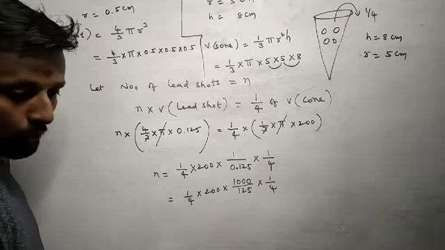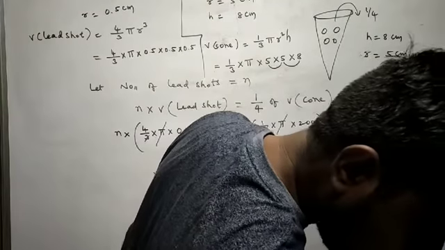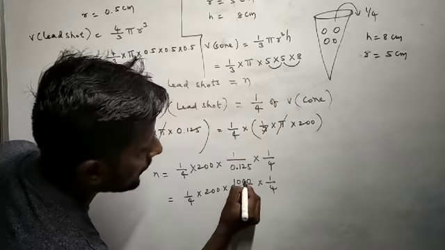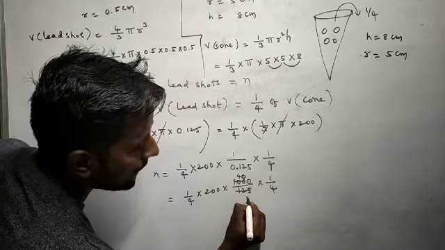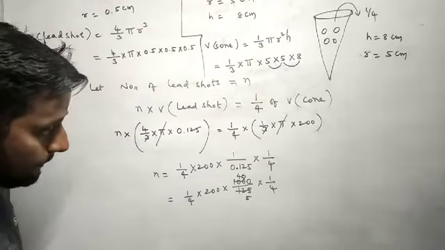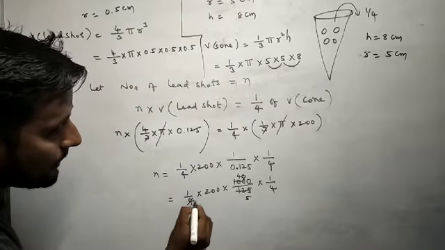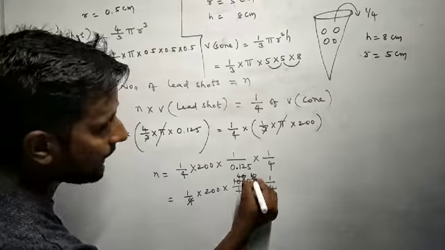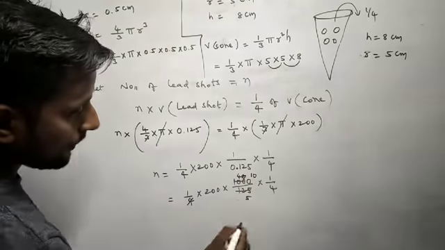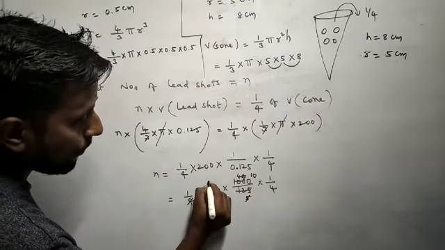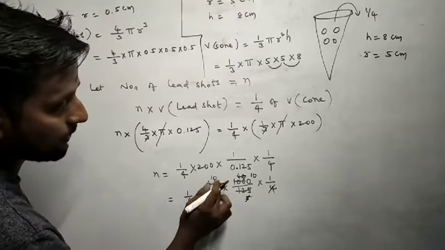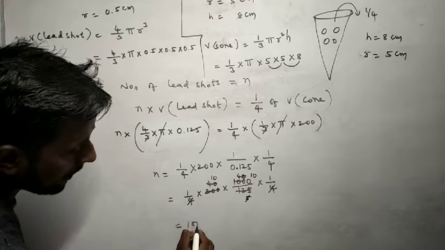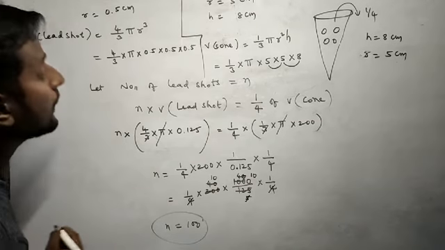So as we know 1000, 25 fours are 100, 0 as it is, 40 times. 25 fives are 125. Next 5 ones are 5, 40 times. Same, 4 ones are 4, 10 times. Only 10 left, right? 100. N is equal to 100.